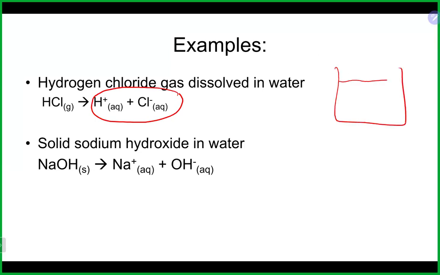We use aqueous for acids because that is where we find ions. Ions are in solution floating around, and that is basically what we need to happen for it to be an acid. In the gas version, they're actually sharing electrons and moving around as a unit. But when they get into the water, they get hydrated and release that. Same thing here with our sodium hydroxide. They're going to be able to produce that hydroxide.